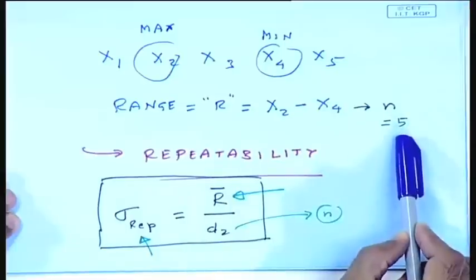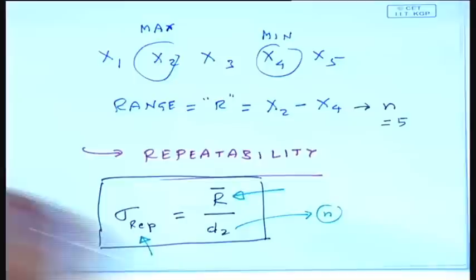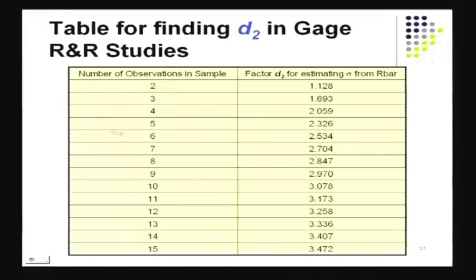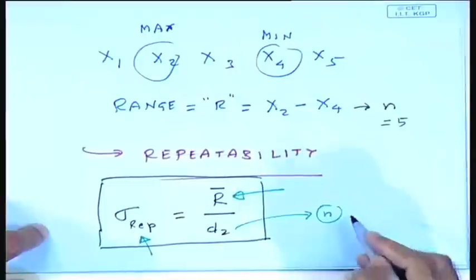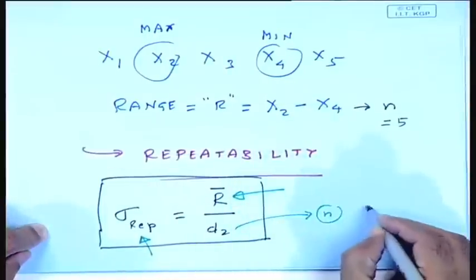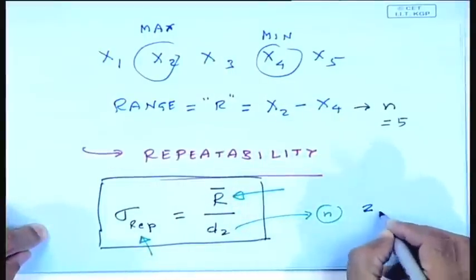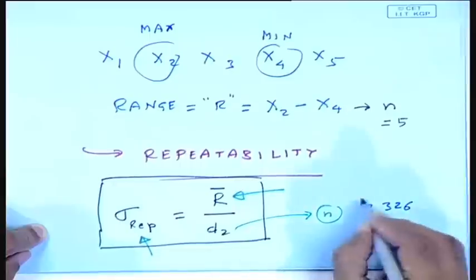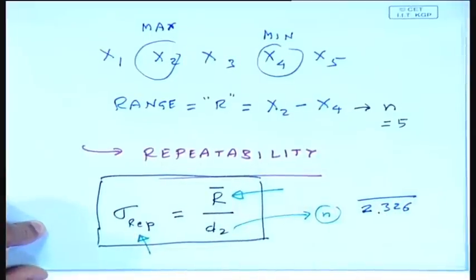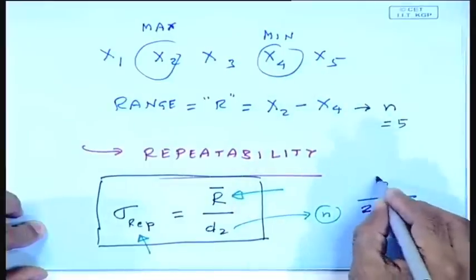I use that n on this chart and read off the value of D2. D2 in our case is going to be 2.326, and of course I've got my R bar on top.